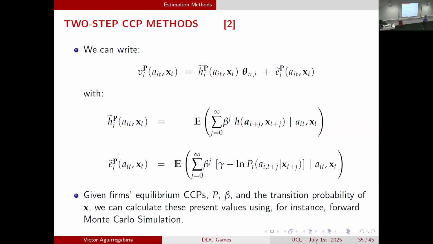And this is a known object. Using choice probabilities and transition probabilities, we have an expression for this H tilde. This is data, if you want.